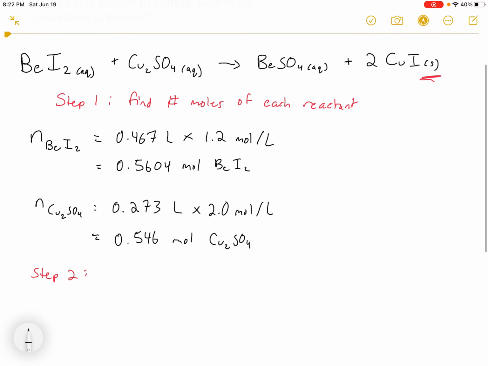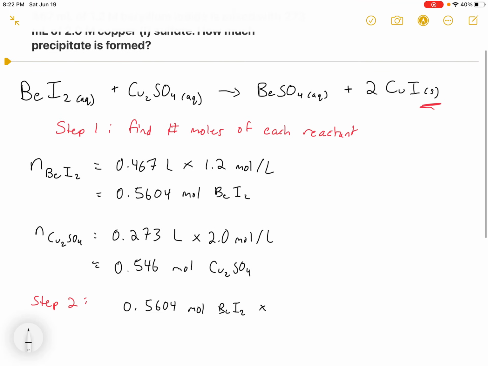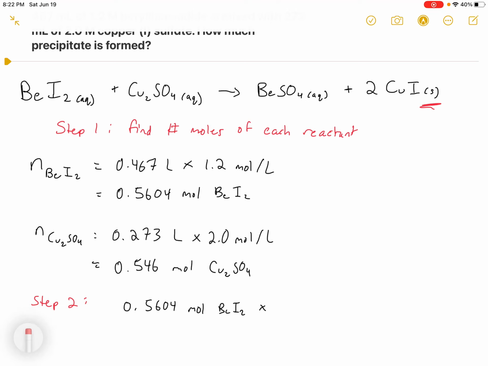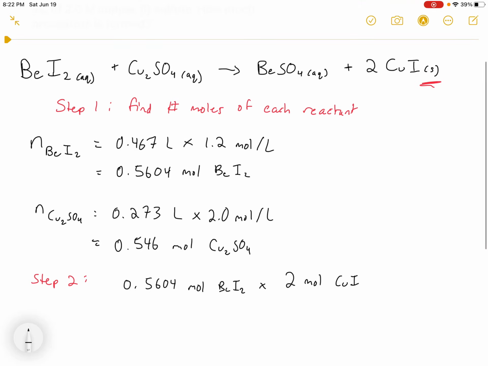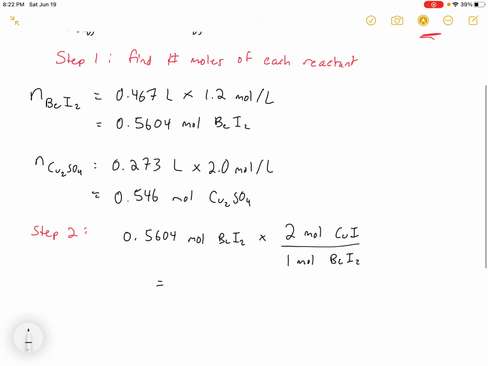So first, we'll assume that the beryllium iodide is limiting. So if we have 0.5604 moles of beryllium iodide, we know from the balanced equation, because there is a 2 here and a 1 there, that 2 moles of the copper 1 iodide are made for every 1 mole of beryllium iodide.